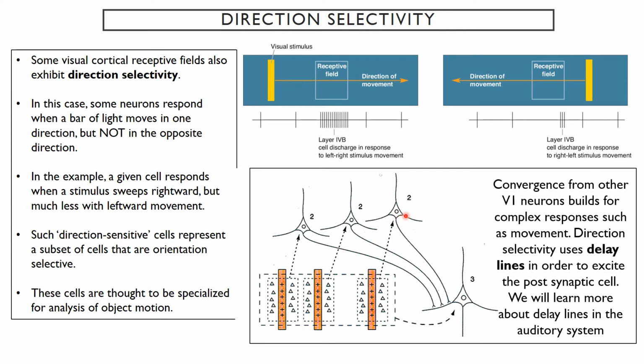This uses the principle of delay lines. We will learn a little bit more about delay lines when we talk about the auditory system, but in short, the way this works, and it's important for you to understand this, is that in this particular neuron, this neuron is somewhat farther away. So this neuron here, the left number 2, is farther away from number 3 than, say, this neuron or this neuron.